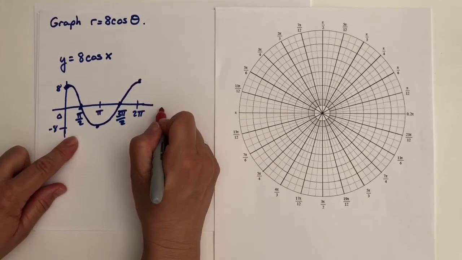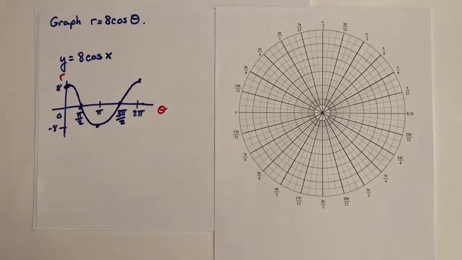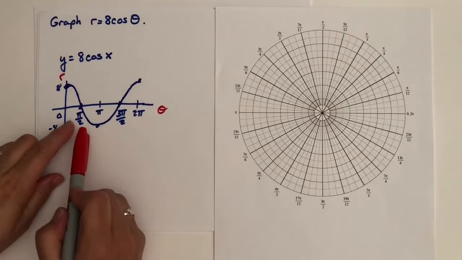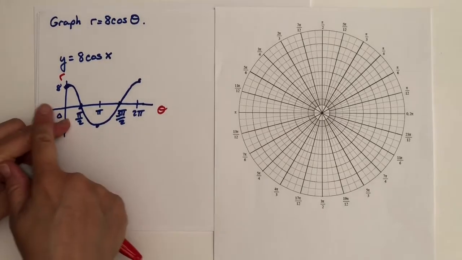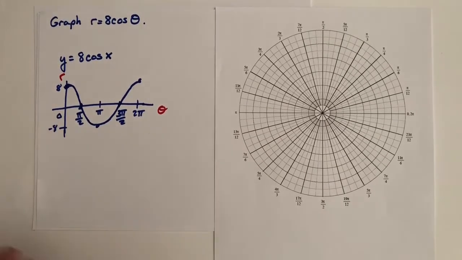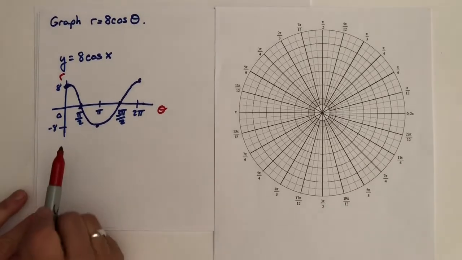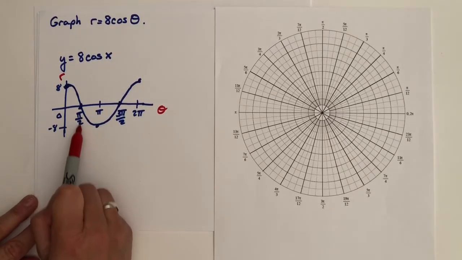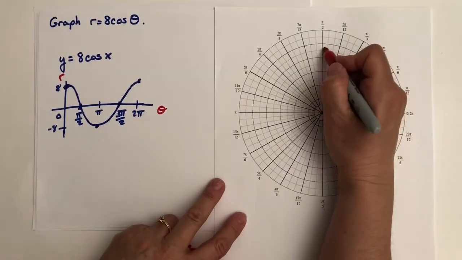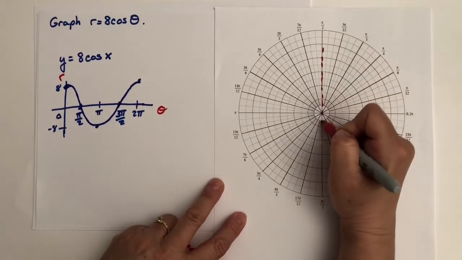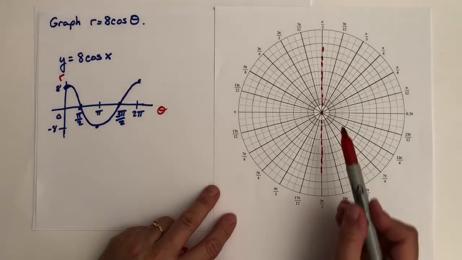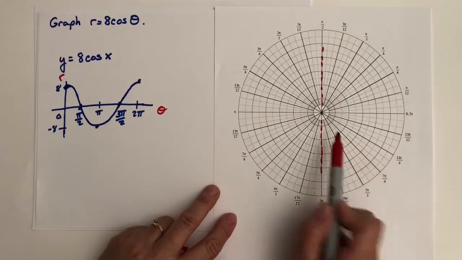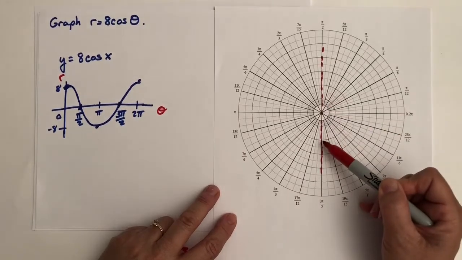I'm thinking of this as theta and this as r. The places where the graph crosses the x-axis is where the graph would be tangent to a line. So our lines of tangency would be pi over 2 and 3 pi over 2. So pi over 2 is this line, and 3 pi over 2 is that line as well. So our graph is just going to be tangent there. It's going to go through the pole along this line.